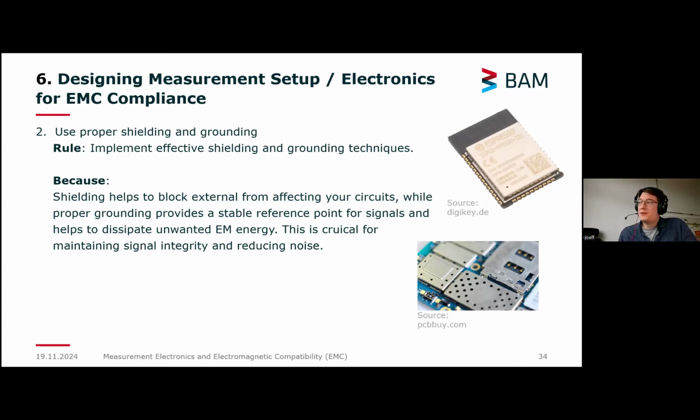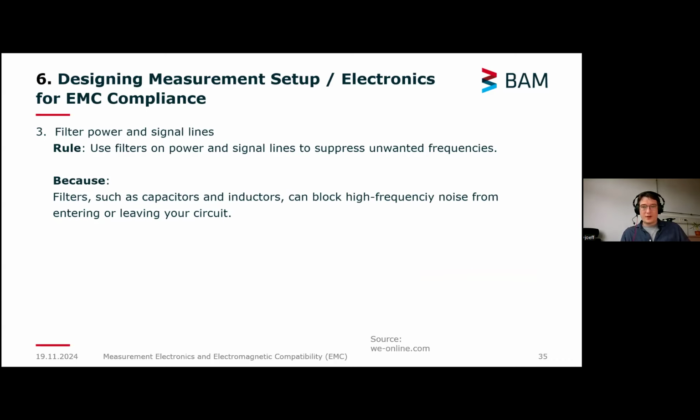A lot of electronics and measurement devices will have shielded modules, and so the amplifiers, which could be low noise amplifiers, pick up even less noise from the background. We also have power line filters, which I will show you two of them.